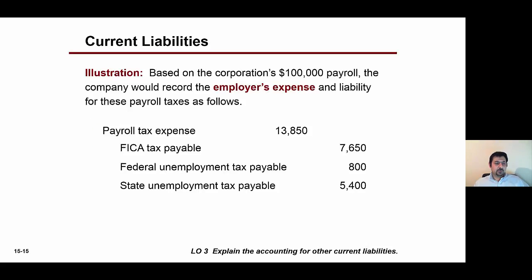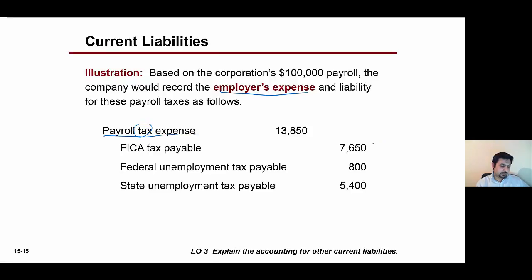Based on the corporation's $100,000 payroll, the company would record the employer's expense and liability of these payroll taxes as follows. Here it is called payroll tax expense. This is not salaries and wages expense. Those are the amounts to be paid by the employer, and in this case, for example, the amount is $13,850.